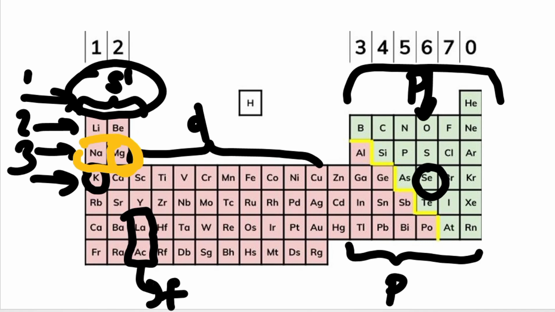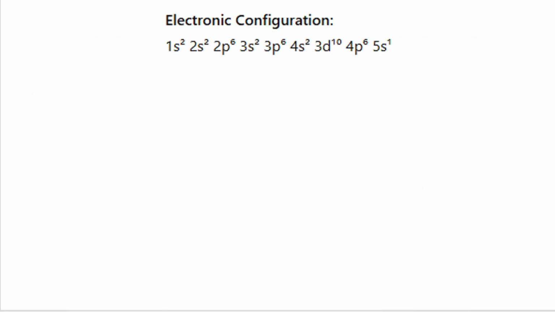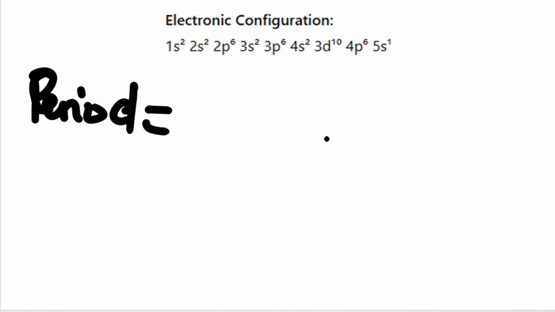Okay, so let's solve this one quickly. This one I will challenge you to go and find the element. So we are going to first focus on the period. So the period is 1, 2, I can see 2, 3, 4, 3, 4, 5. 5 is the largest principal quantum number, so it's period 5.